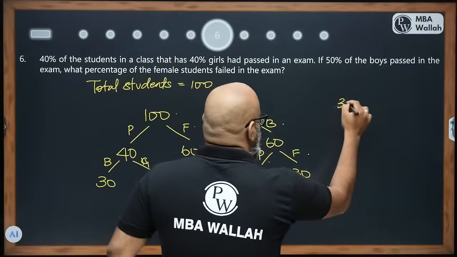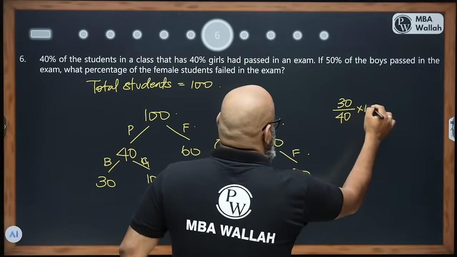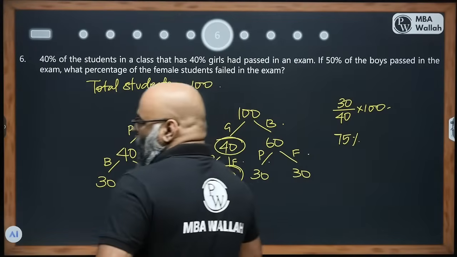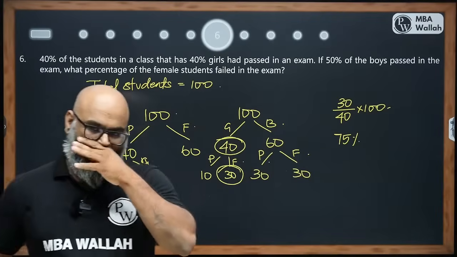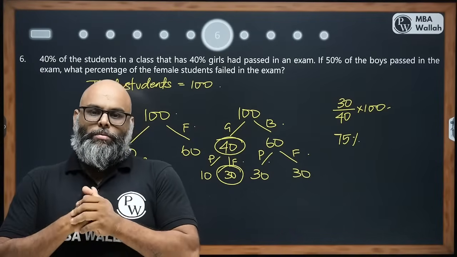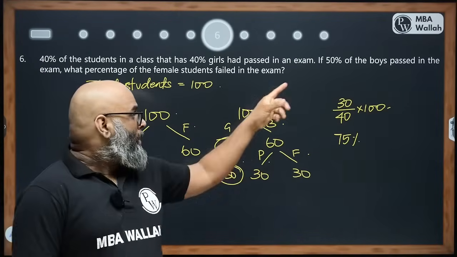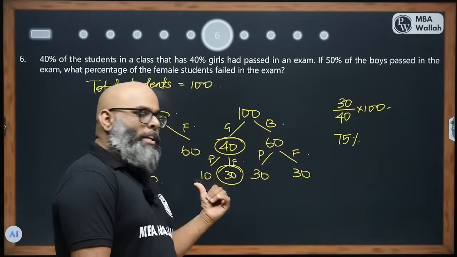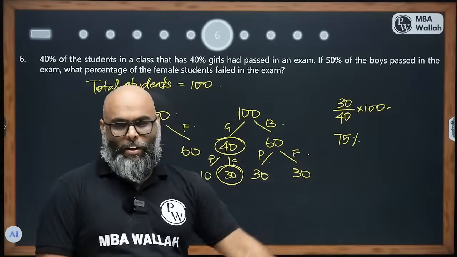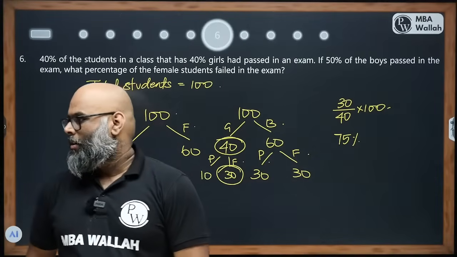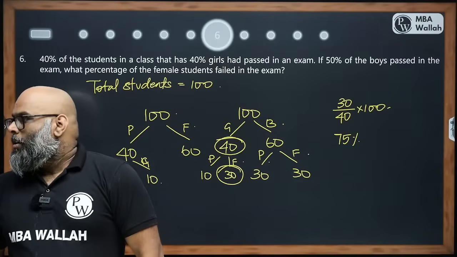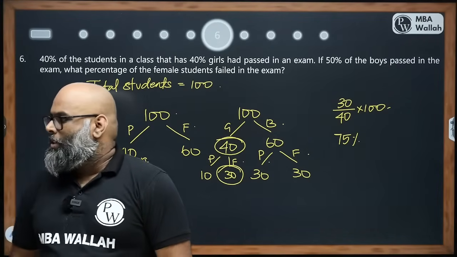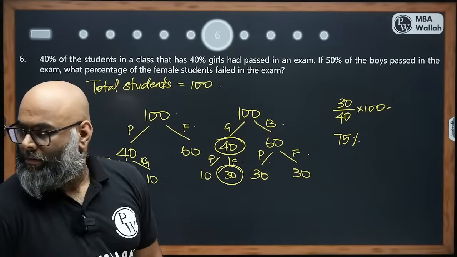So that's 30 by 40 into 100, that's 75% of the girls failed. Clear? Any doubts? 50% of the boys passed, 50% of the boys failed, 25% of the girls passed, 75% of the girls failed. Clear? Any doubts? Any questions? Are we good here?